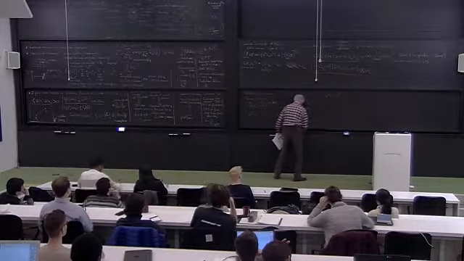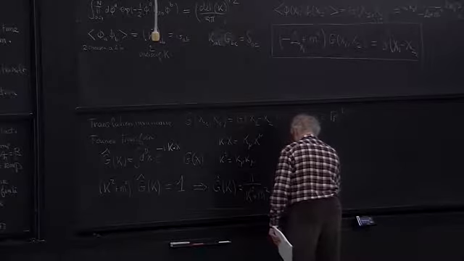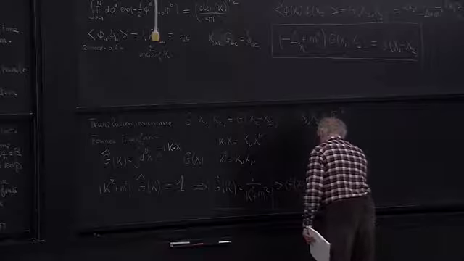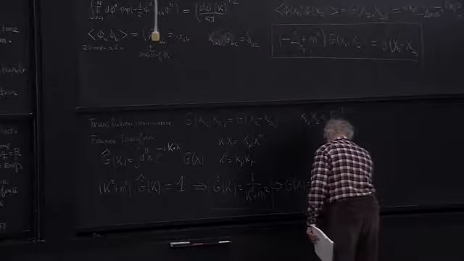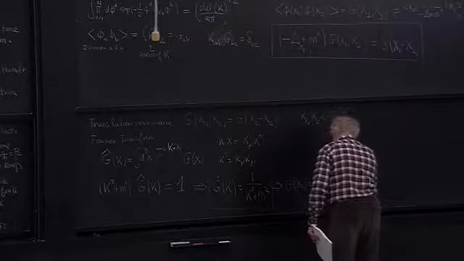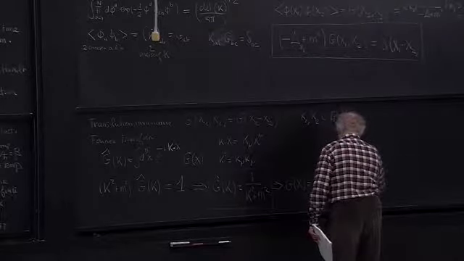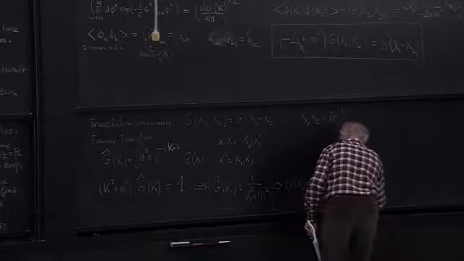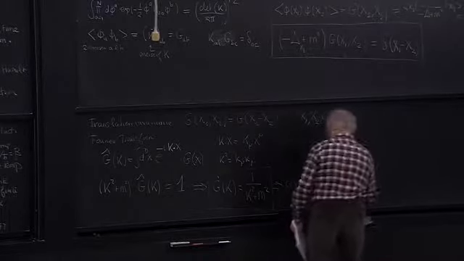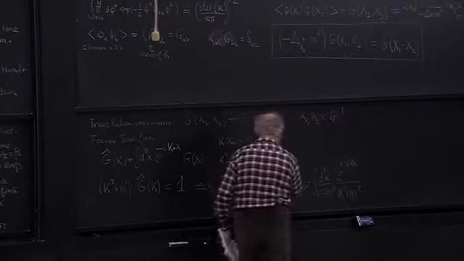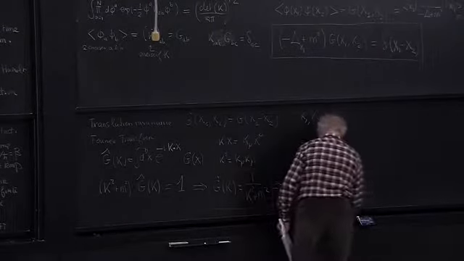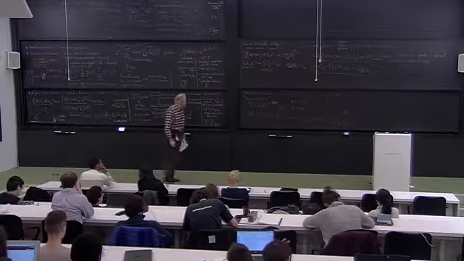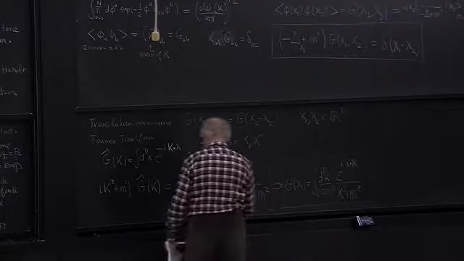And then, of course, G of x, where x is now x1 minus x2, is the integral d^d k over (2 pi)^d times e^(i k dot x) divided by k squared plus m squared. I think you have probably already seen this function. This is the Fourier transform of a Lorentzian distribution.